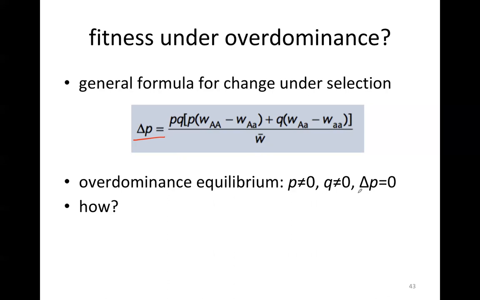So no further change, that would require delta P to be 0. But also, of course, delta P could be 0 by having P or Q be 0, obviously in this formula, right? But that's not something we are interested in. We want to have equilibrium where both P and Q are non-zero. P and Q should be non-zero and delta P should be 0. How can we derive that from this formula?